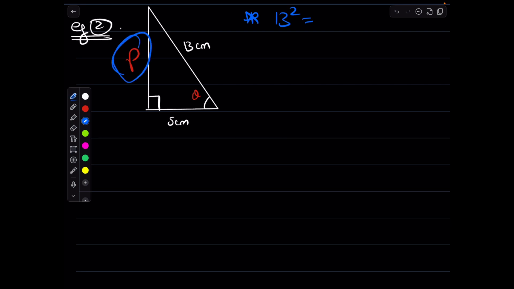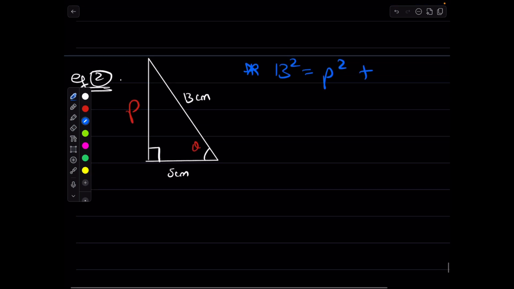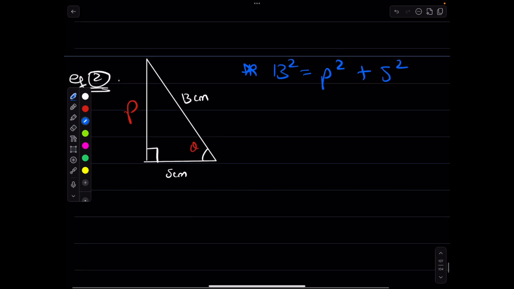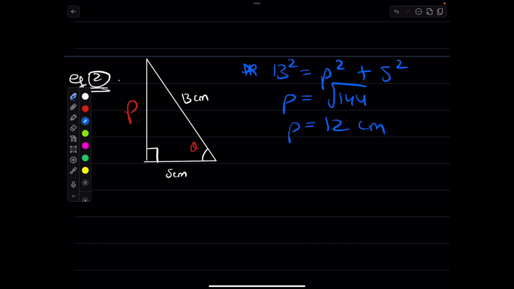Oh, the opposite is labeled as p. Thus we have p squared and the base, that is 5 squared. We'll simplify this, and p turns out to be the root of 144, and p thus turns out to be 12 centimeter.